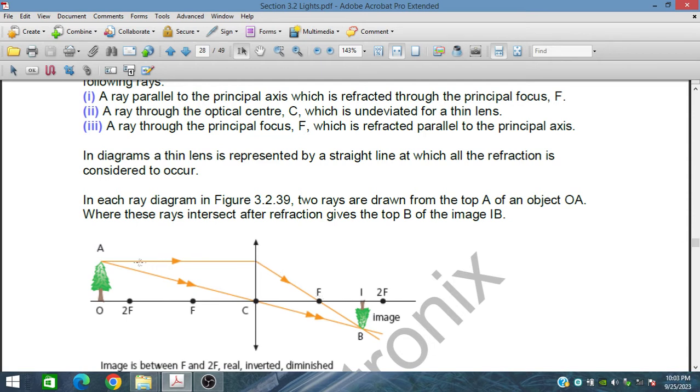Second, a ray through the optical center, which is undeviated by a thin lens. And the last one, a ray through the principal focus.